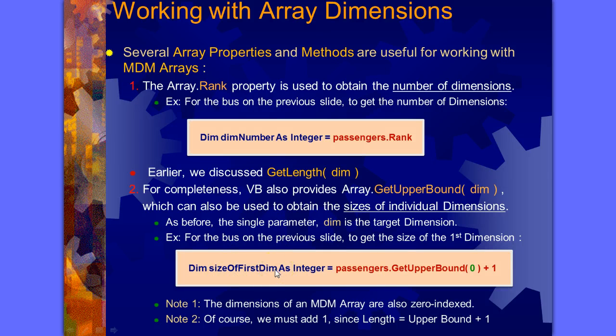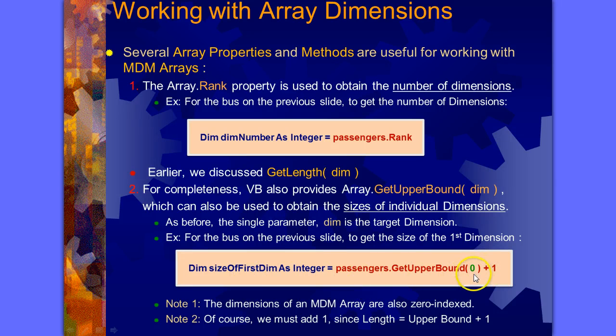Sorry if this is so ridiculously complicated. It's really such a simple thing, right? But 0 refers to the first dimension, and GetUpperBound gives you the biggest index, which is not the size, because the size is that plus 1. So plus 1 gives me the size.